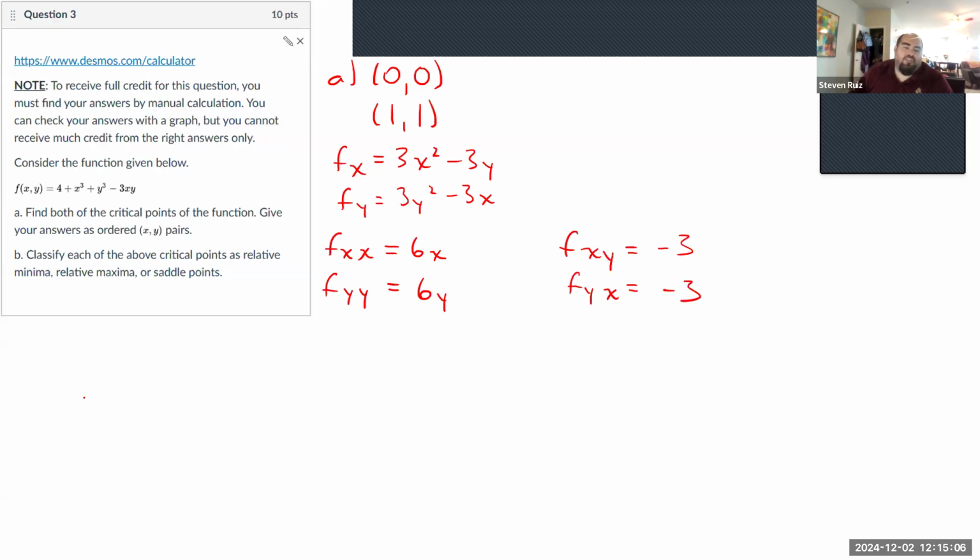So now for (0, 0), we're going to evaluate the value of D. So D equals basically fxx times fyy minus fxy squared.